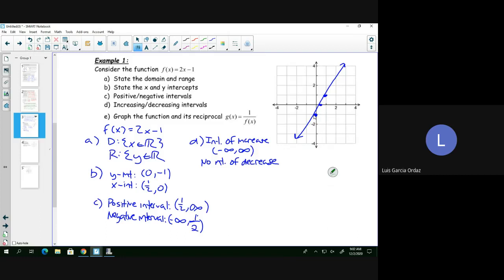Undefined. So the x-intercept of the parent function is our asymptote for the reciprocal. Okay? And because we know that the parent and the reciprocal intersect at y equal to positive and negative 1, we can just make a rough sketch of this graph. And that would be our g of x equal to 1 over 2x minus 1.